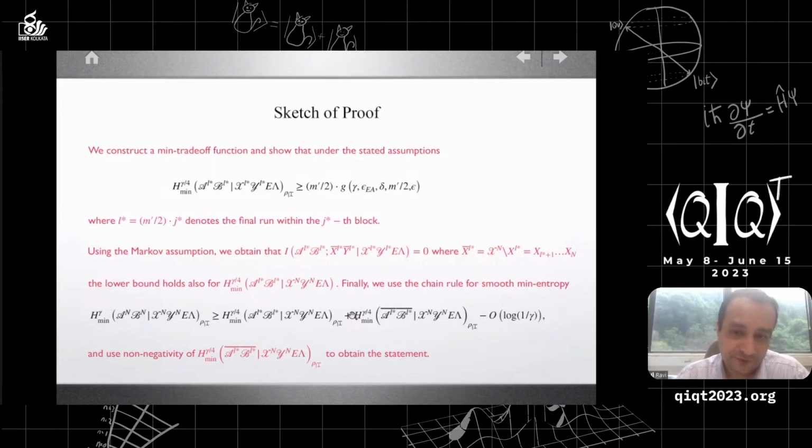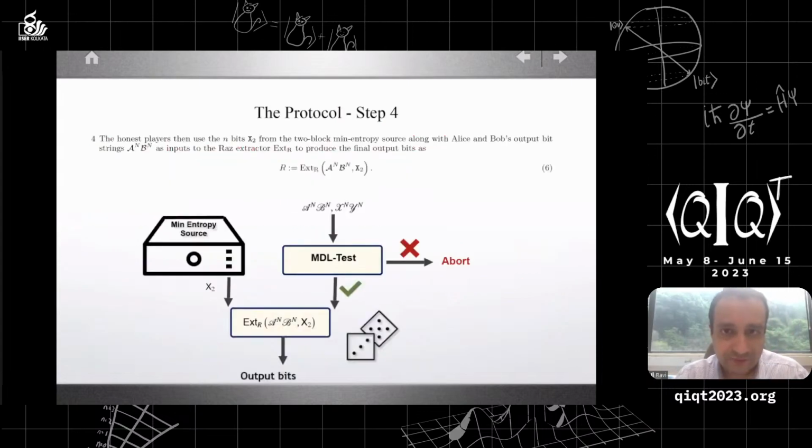And for the rest of the blocks, we simply have to use the non-negativity of the smooth min entropy, the classical variables, and the chain rule for smooth min entropy to show that the total entropy in all of these output bits is still of the same order as in this particular block. So I'll skip the details of this proof.